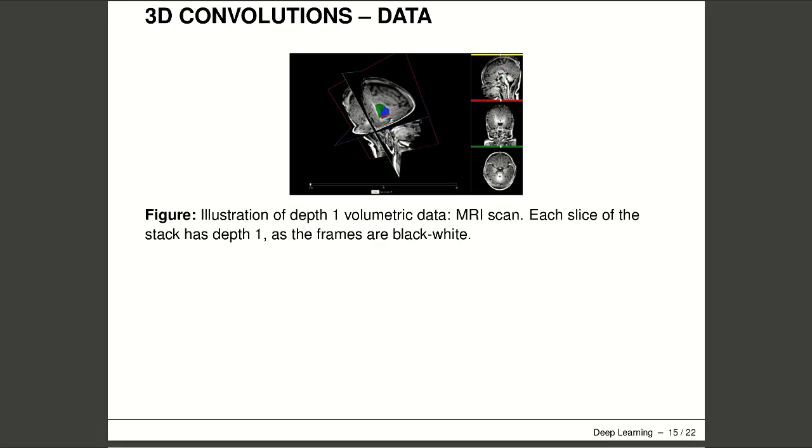Similar to 2D U-Net, in 3D U-Net we also have batch normalization and ReLU activation function after each convolution, and also max pooling, and in the decoder part we have up-convolution as well. And at the end we have the loss function. Here in this case they use the 3D Dice as a loss function.